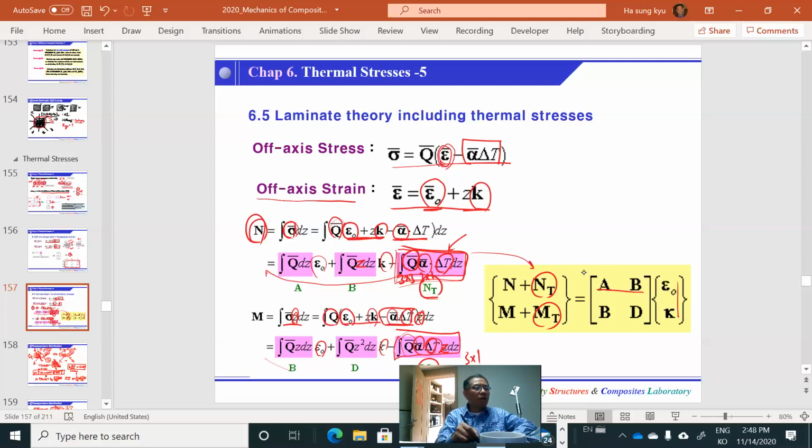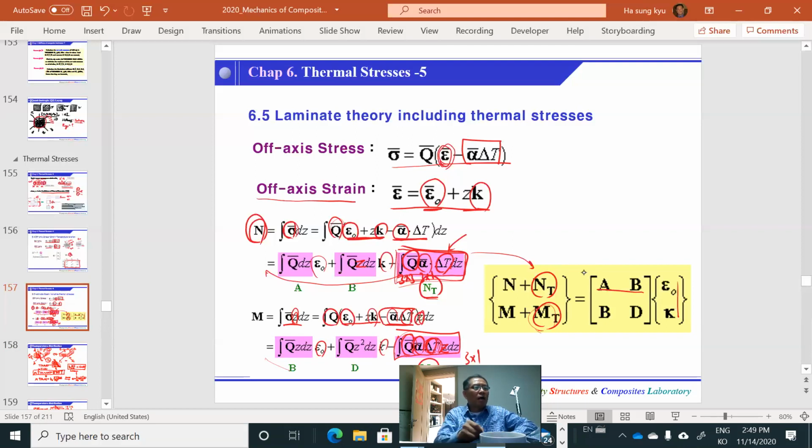So when we have an external MT, notice that this is a material property, this is another material property, and then together with the delta T, it causes some kind of an equivalent mechanical load on the left-hand side.